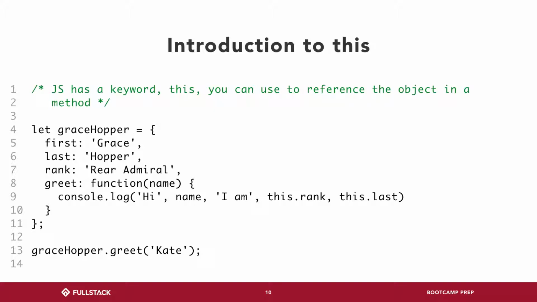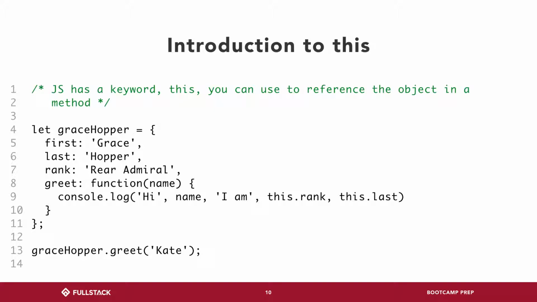So it doesn't matter if we name this Grace Hopper, we can put whatever code we want in here and use this, and it will know what this object is. The other way is really bad practice. I would recommend that you always use the this keyword to refer to the object you want to operate on. Does that make sense? And that's only if the function is in the object. Only if it's in the object, yes.